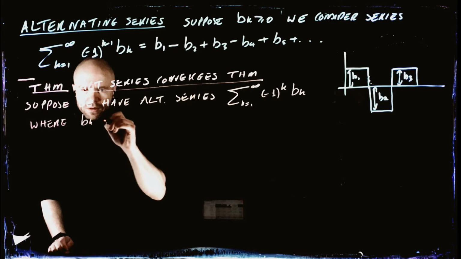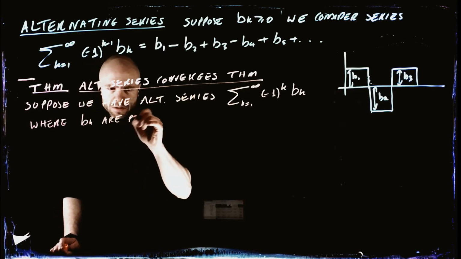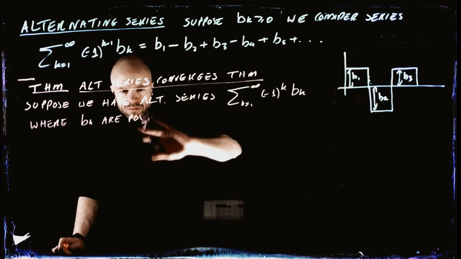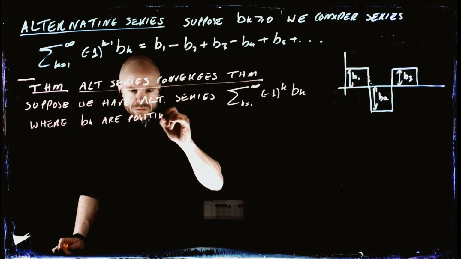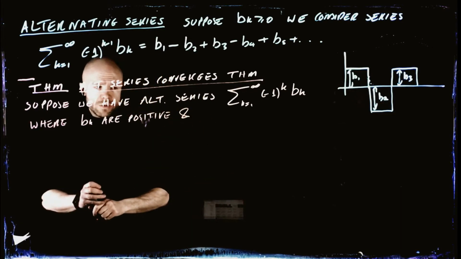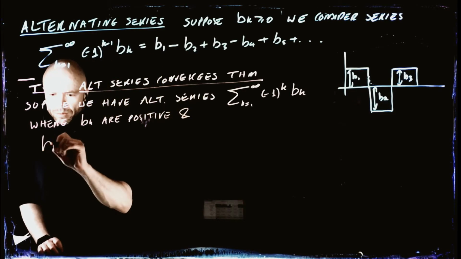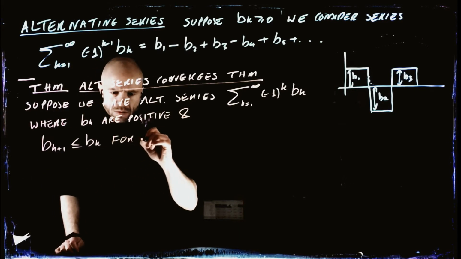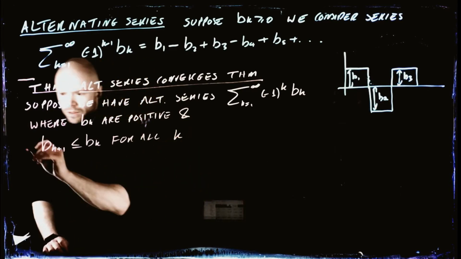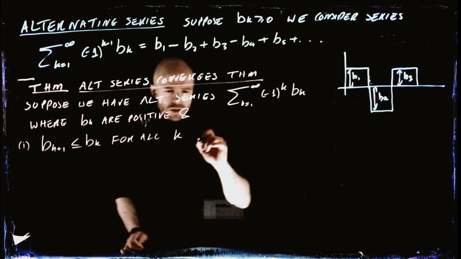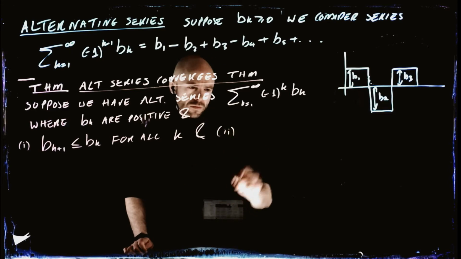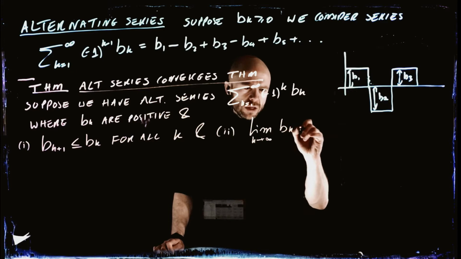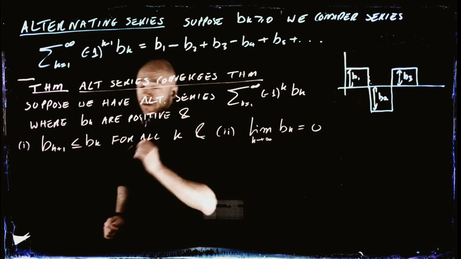Where bk are positive, and they satisfy the following condition, that bk plus 1 is less than or equal to bk for all k. This is the first condition. And the second condition is that the limit as k tends to infinity of bk is equal to 0. Then the series converges.